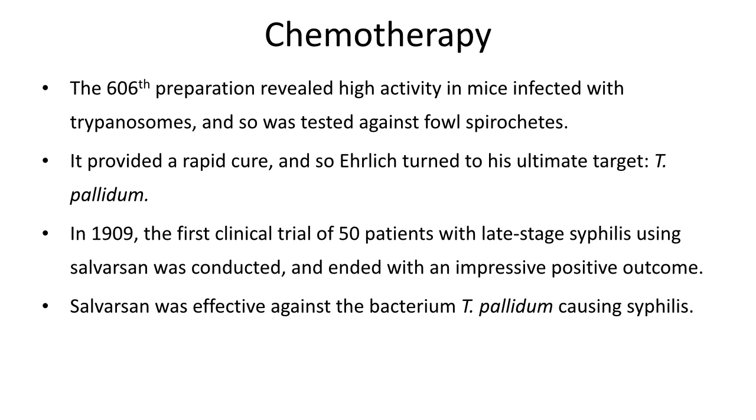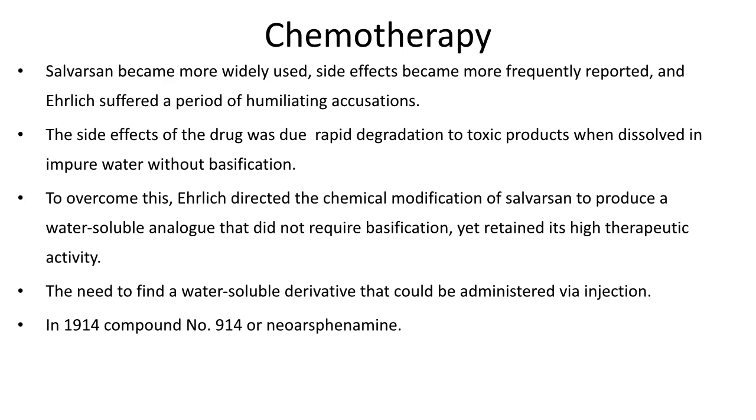In 1909 itself, he performed his first clinical trial on 50 patients with late-stage syphilis using Salvarsan, and it ended with an impressive positive outcome. So Salvarsan was effective against the bacterium, that is Treponema pallidum, which was responsible for syphilis in human beings.